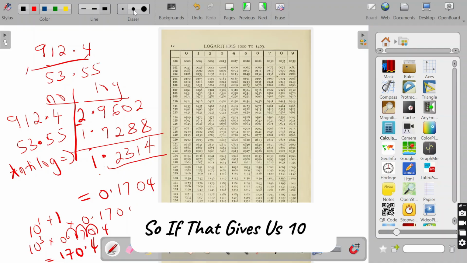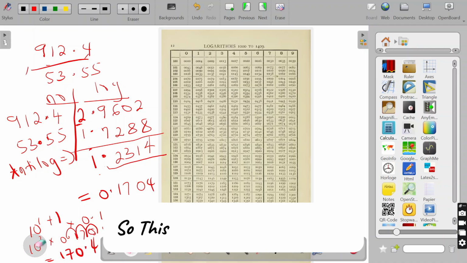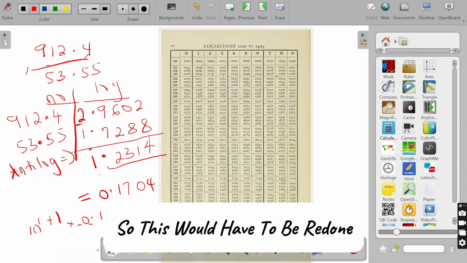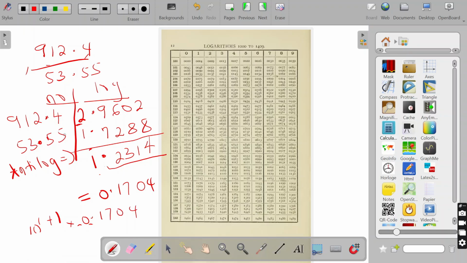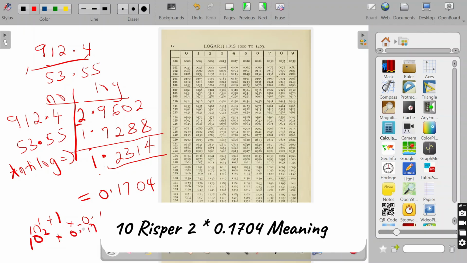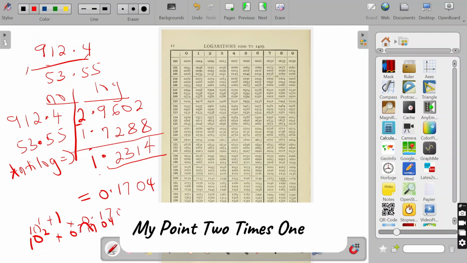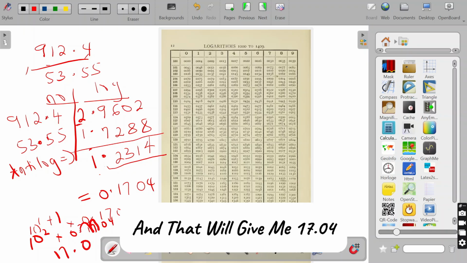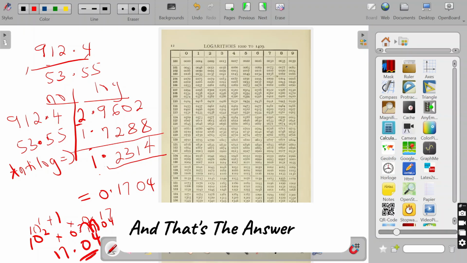This would have to be redone. So this gives us 10 raised to the power 2 times 0.1704, meaning I'm moving the decimal point 2 times, 1, 2, and that gives me 17.04. And that's the answer, 17.04. So sorry for the error.